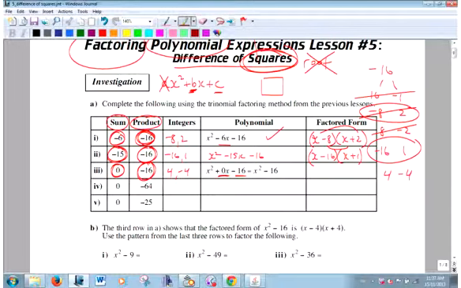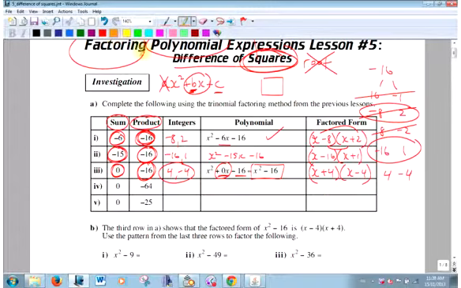It's kind of both. So don't get all caught up. We're still going to say that's a trinomial. It's a special trinomial because the b term, the x term, is 0. So in factored form, here are your two numbers: x plus 4, x minus 4.